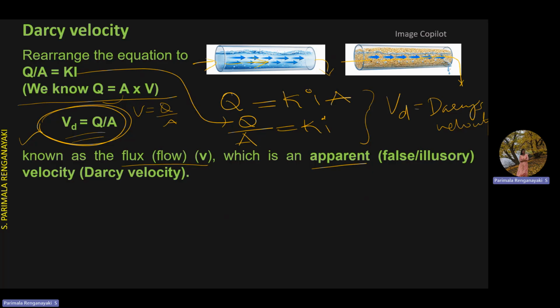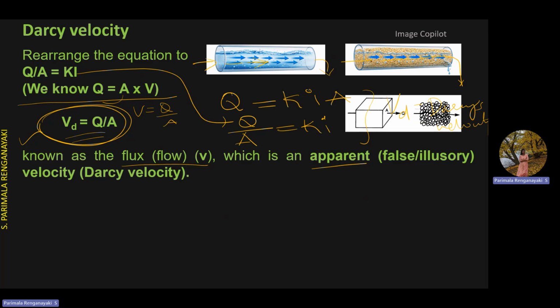Water in reality is passing between the pores, not just like water flowing through a pipe. Wherever there is pore space between the sand particles, it is moving within that. So the porosity is not considered in this velocity, so this velocity is not a true velocity. It is just a Darcy velocity.